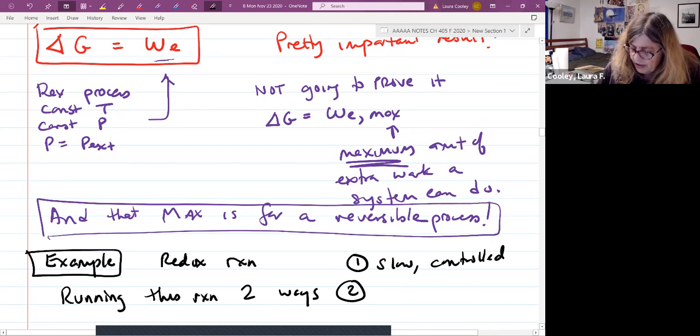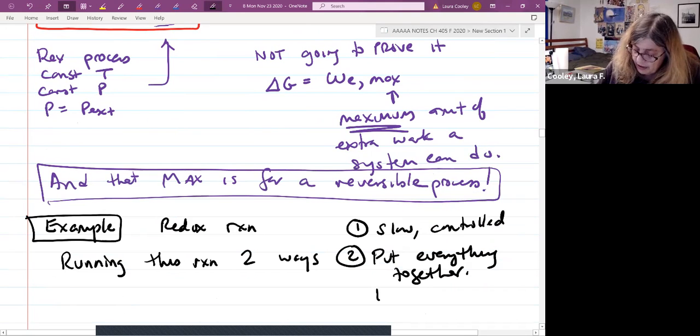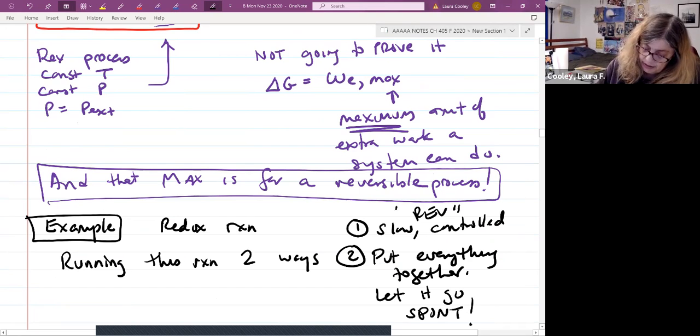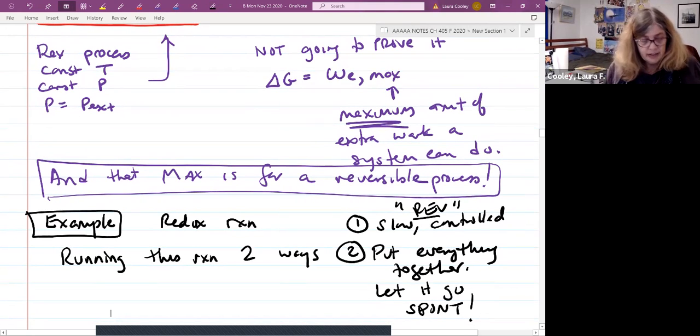And the second way, it's just, put everything together, let it go, let it do what it's going to do. Let it go spontaneously. So the first way is what I call a reversible way, and the second way is a spontaneous way.